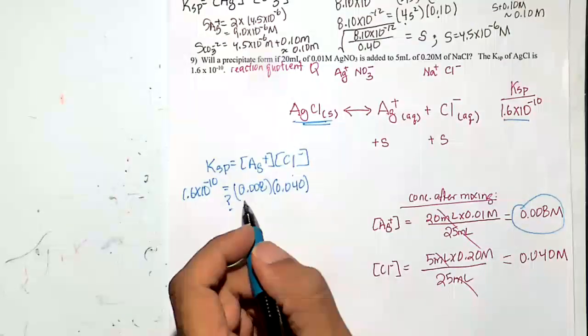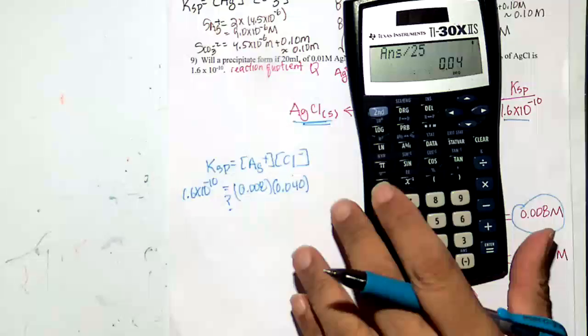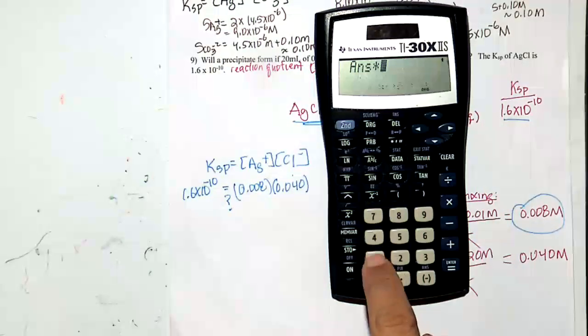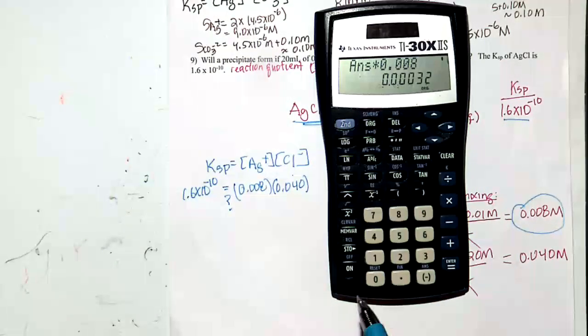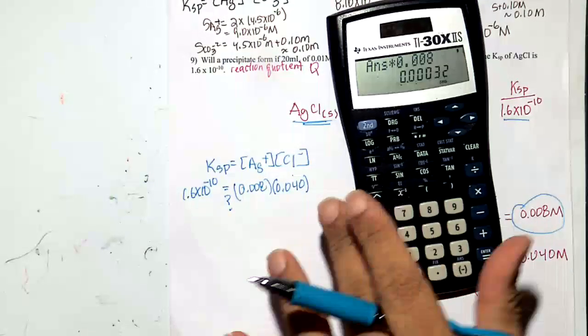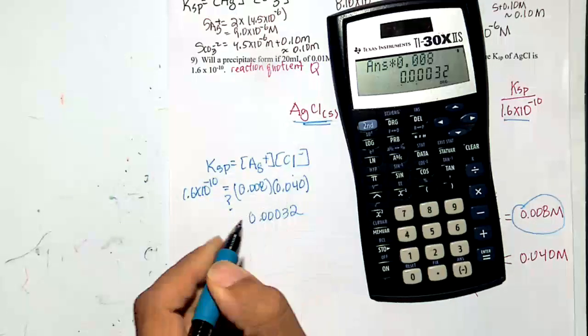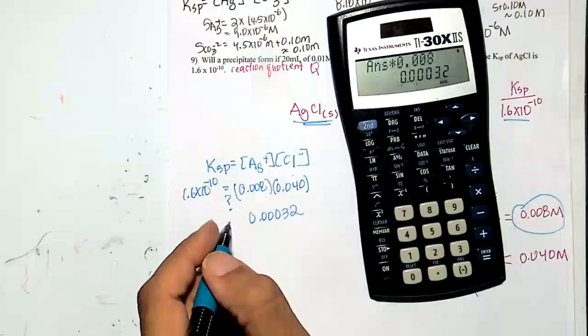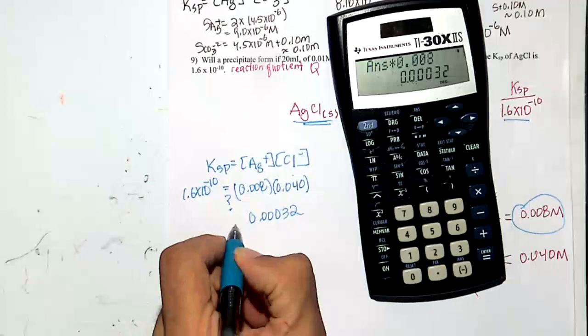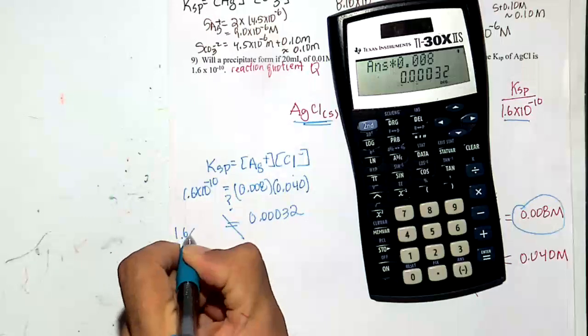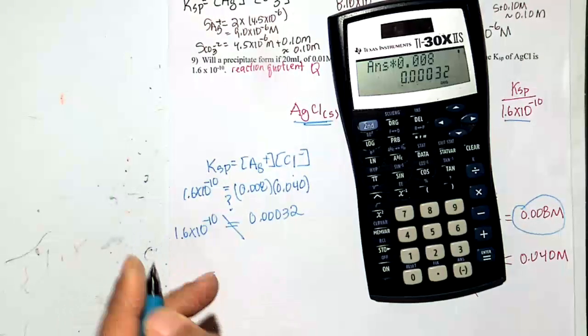All right, so 0.008 times 0.04, what is that, 0.032 something? 0.00032. And that does not equal 1.6 times 10 to the minus 10.